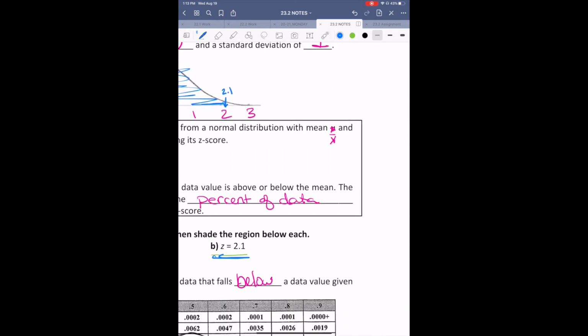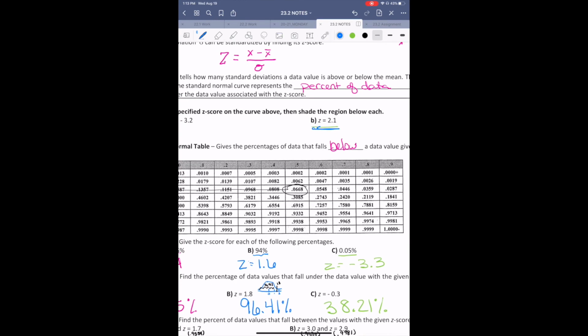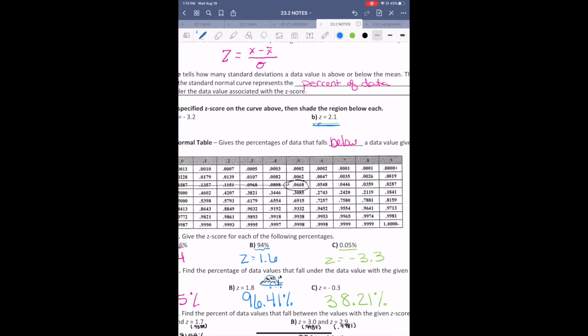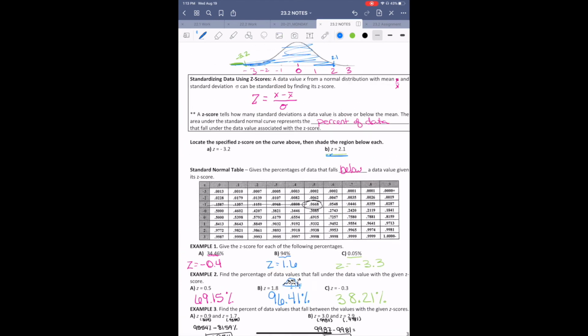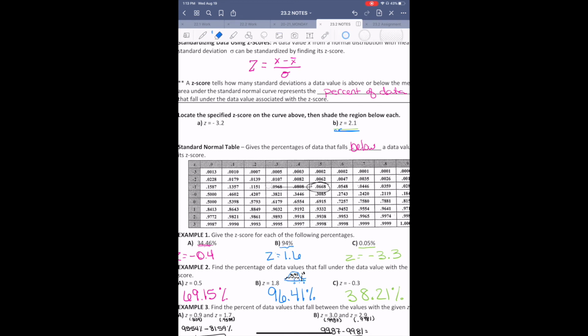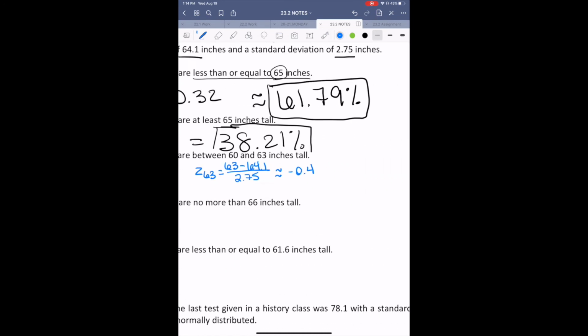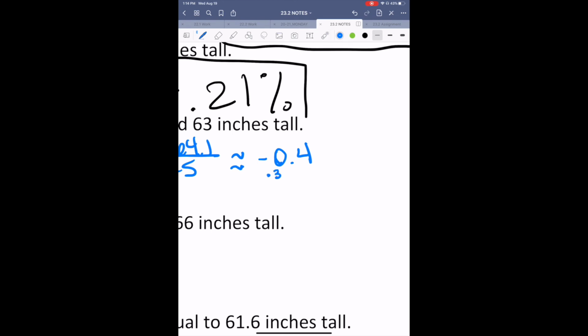Flipping back over to my data table, looking at negative 0.4 takes us to 0.3446.